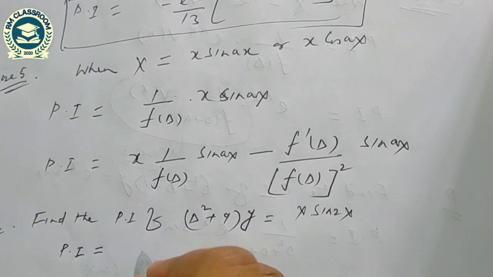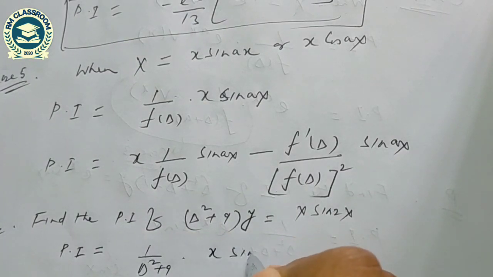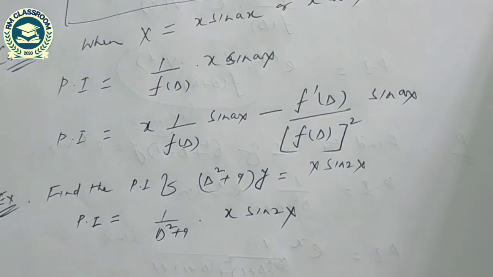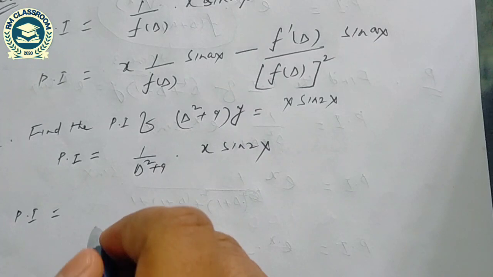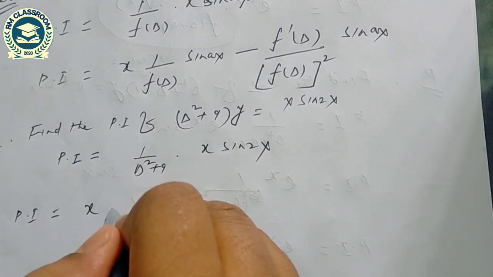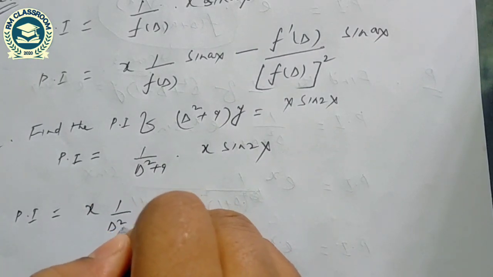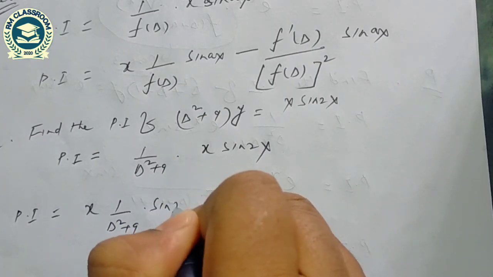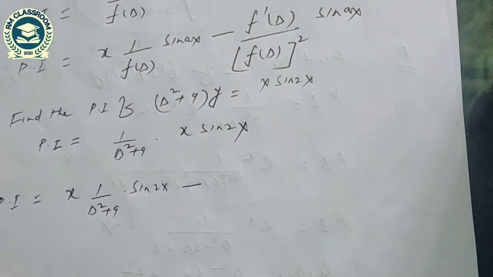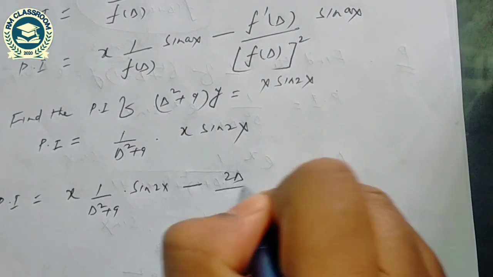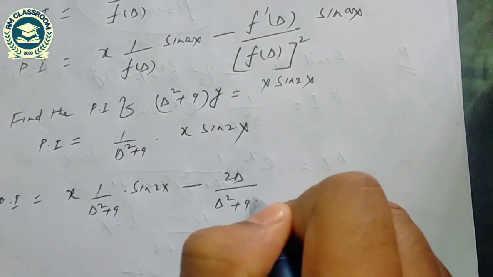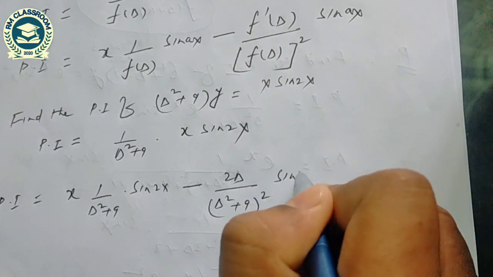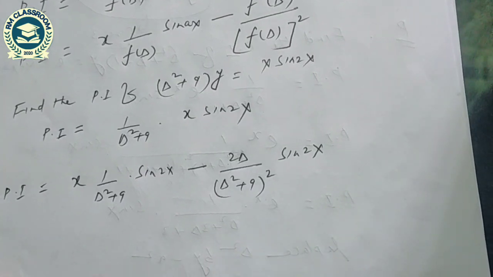So the particular integral is 1 by D square plus 9 into x sin 2x, or we can write particular integral is equal to x 1 by D square plus 9 into sin 2x minus 2D divided by D square plus 9 whole square into sin 2x. Now it can be solved.